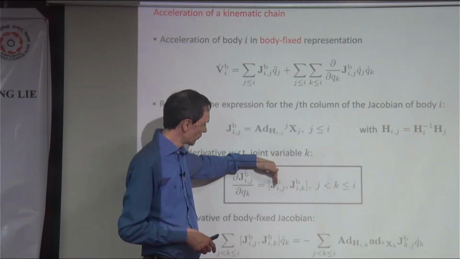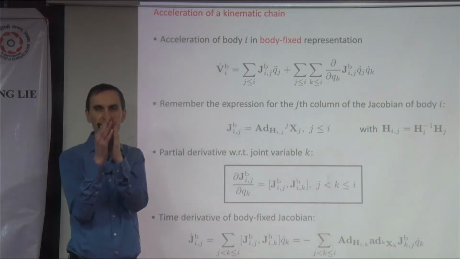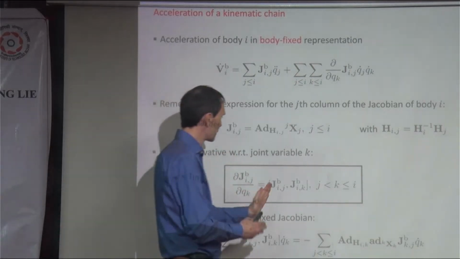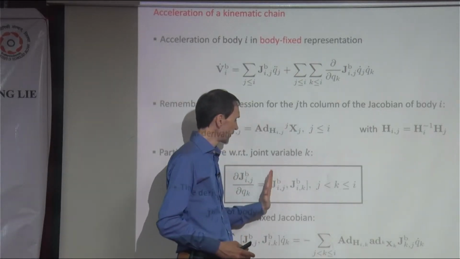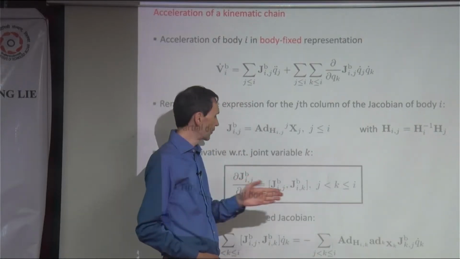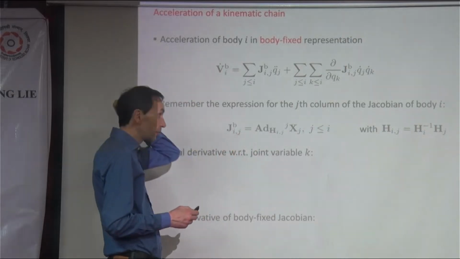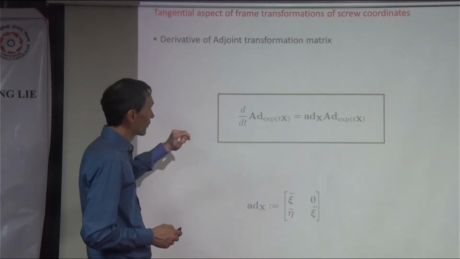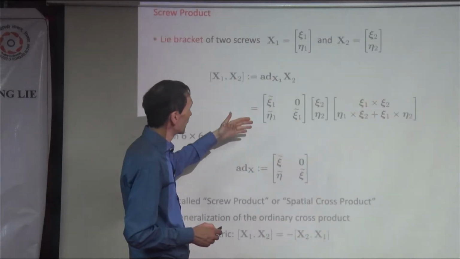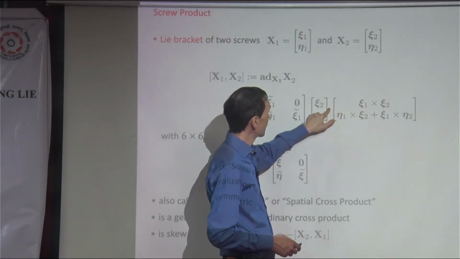The columns of the Jacobian are the screw coordinates, and you just take the Lie bracket of the jth column with the kth column. That's it. So this is a purely algebraic way of expressing it, because it's just the cross product.